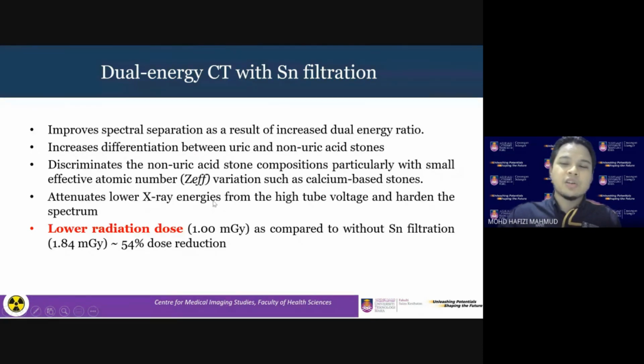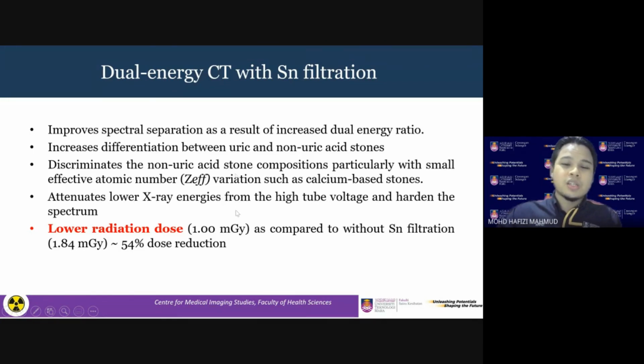Okay, optimization is very important. A lot of studies, a lot of effort have been made to achieve optimization. What do we mean by optimization? When we conduct a procedure, we try to achieve the lowest dose as best as possible, with the optimum image quality, without affecting the diagnostic image quality, right?